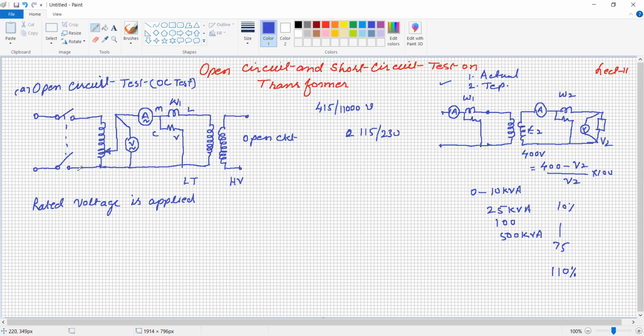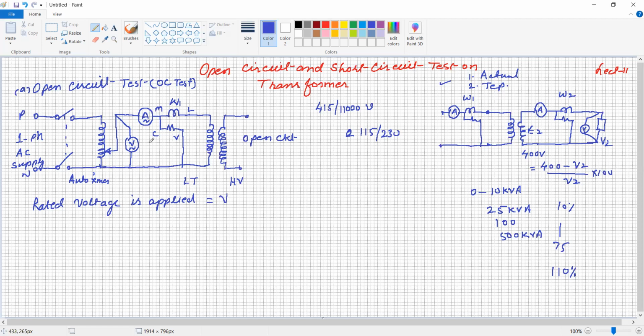The auto transformer ranges from 0 to 500 volt or 0 to 440 volt. Here it is a single phase AC supply. This is phase, this is neutral. The rated voltage is, say, V.